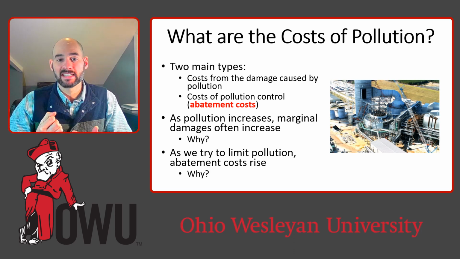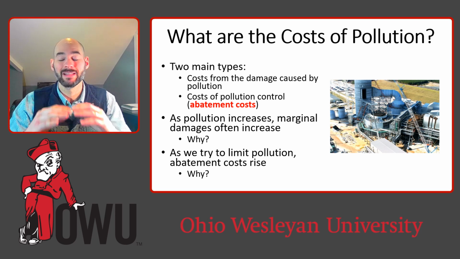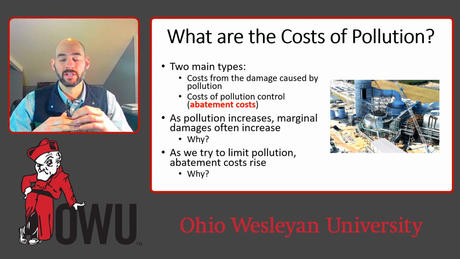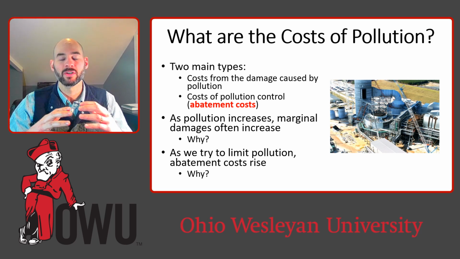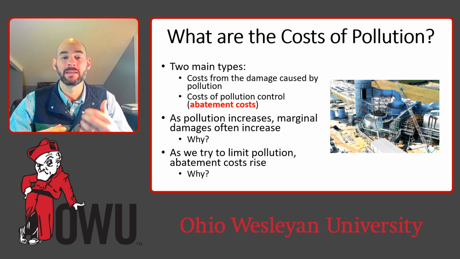If there's a limit to the capacity of the environment to absorb that pollution, then the first couple units of pollution which we emit are going to be absorbed, and the damage is going to be minimal. And so the marginal damage, the marginal cost of that pollution is going to be small. However, as we pollute more, then we're going to be exceeding that absorptive capacity, and the marginal damage of each additional unit is going to increase.